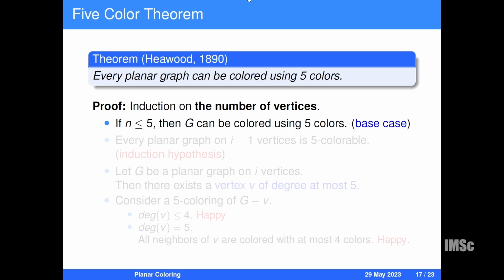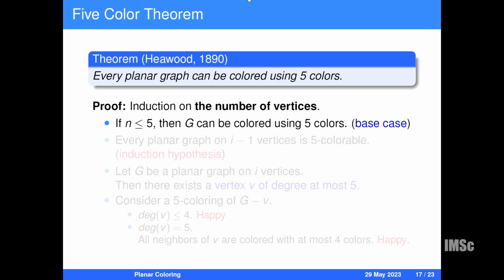So it is induction on the number of vertices. Since we are looking at 5 colors, the base case would be to say that if n is at most 5, then G is 5 colorable. Why is this true? Can you come up with the coloring if n is at most 5? Why is this true? G can be colored using 5 colors?